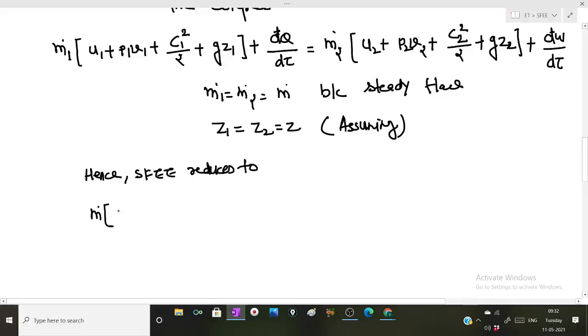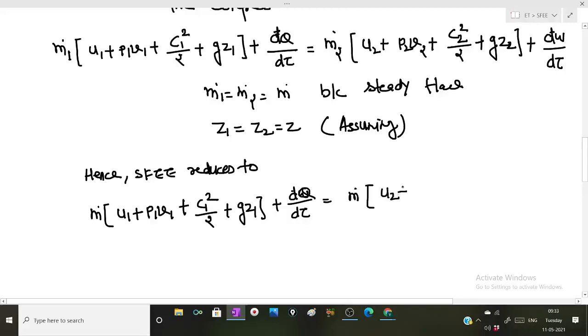m dot (u1 plus p1 v1 plus C1 square by 2 plus gz1) plus dq by d tau is equal to m dot (u2 plus p2 v2 plus C2 square by 2 plus gz1, I am taking Z2 equal to Z1) plus dW by d tau.